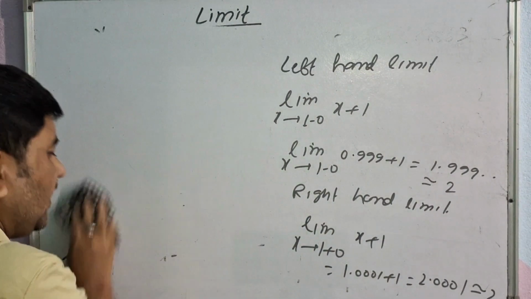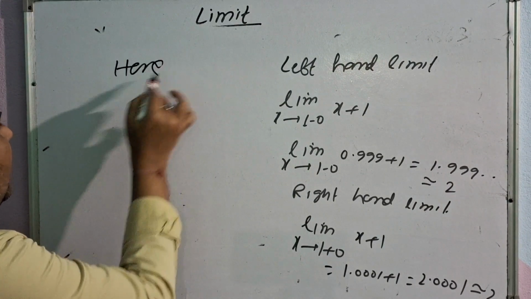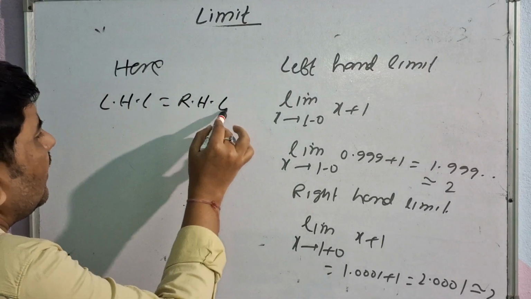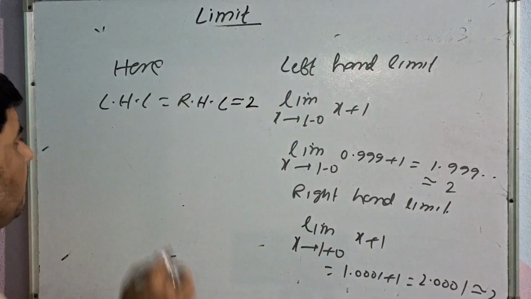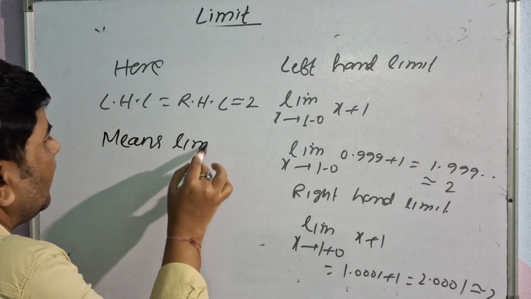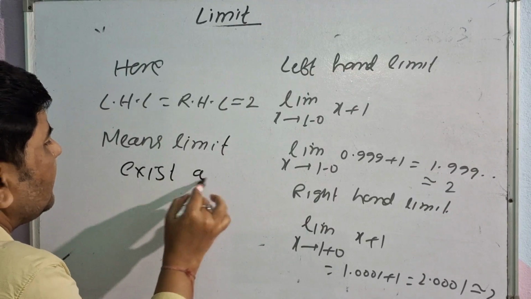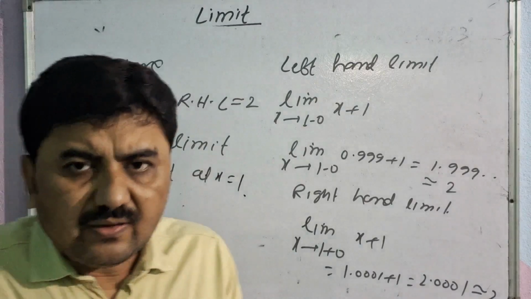that here LHL equal to RHL equal to approximately 2 means limit exists at x equal to 1. Okay?